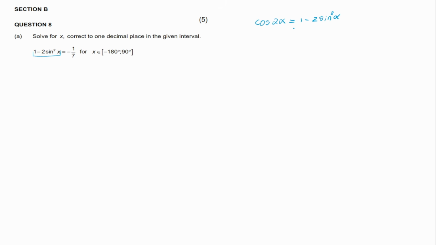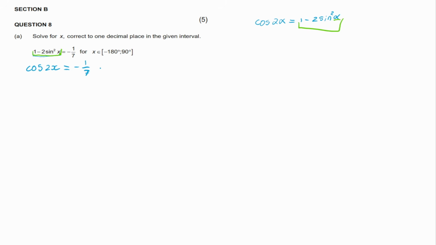Here they're talking about alphas and we have x's, but it doesn't really matter. The main point is we can rewrite what I've underlined in green with the thing on the left. So instead of this, I can write cos of 2x is equal to negative 1 over 7.